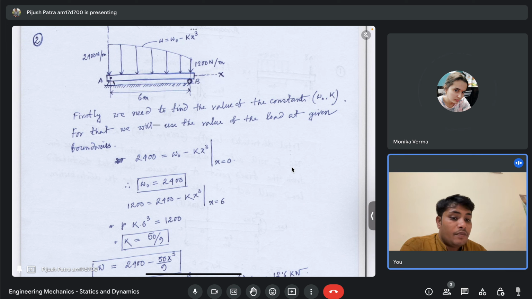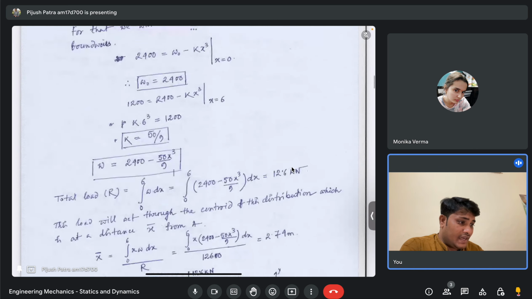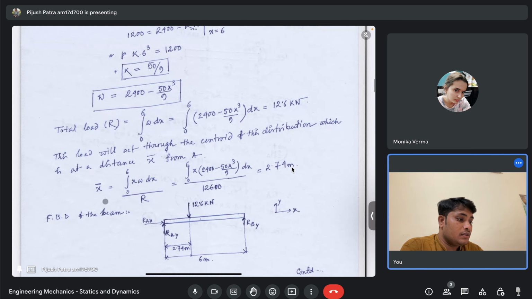If I take the moment about that point, x bar into R, where R is the total load, will generate some moment. And the moment of the distributed load: w dx was the load, x into w dx is the moment, right?